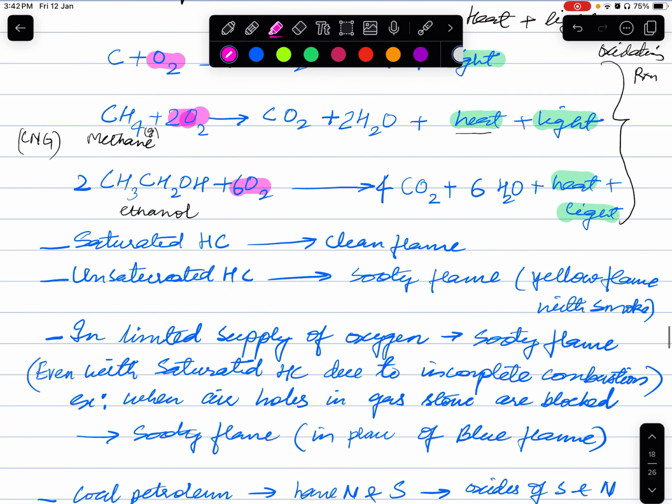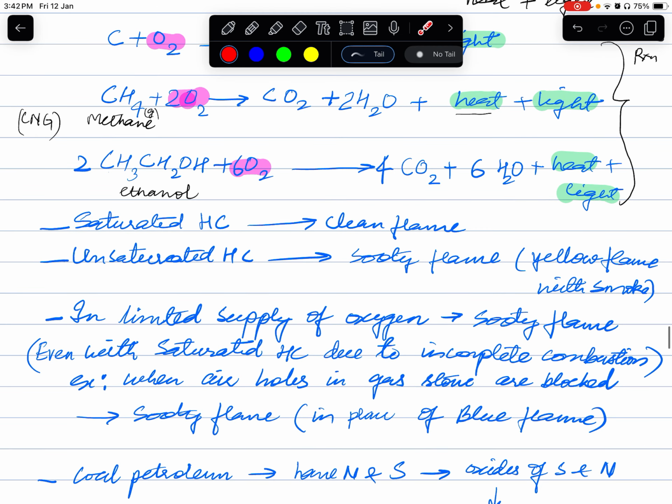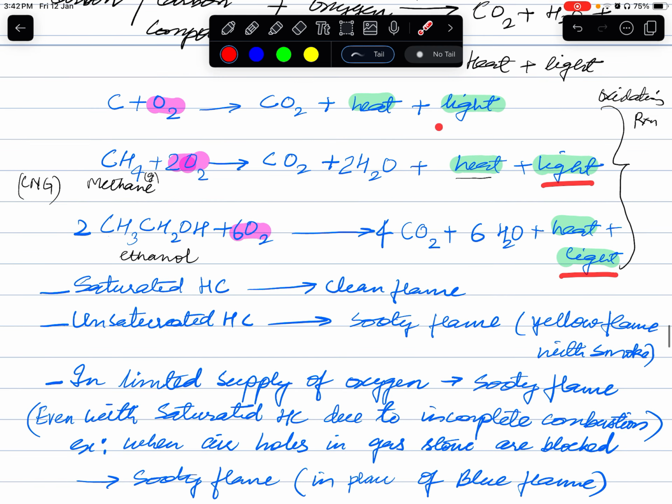Okay, why we are calling it as oxidation? Because we are adding oxygen. Addition of oxygen is oxidation. Next, if we have different type of fuel or hydrocarbon, the amount of light energy and type of light energy that we are getting is different. How is it different?